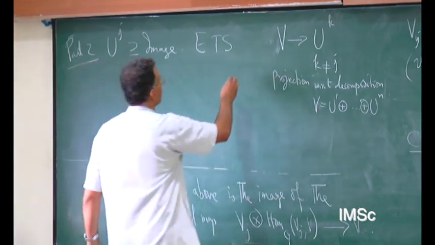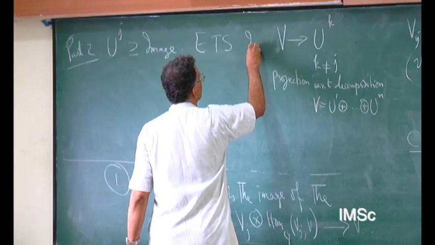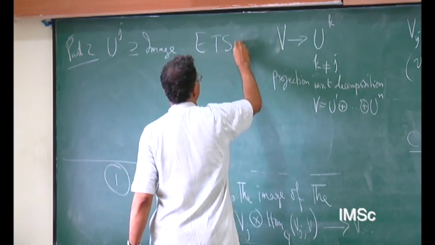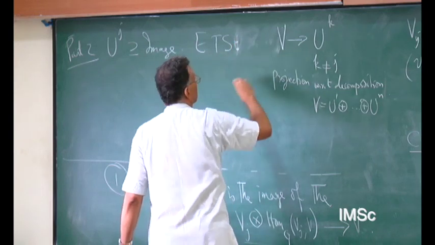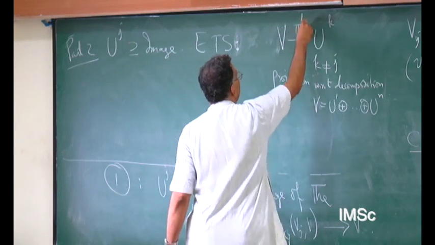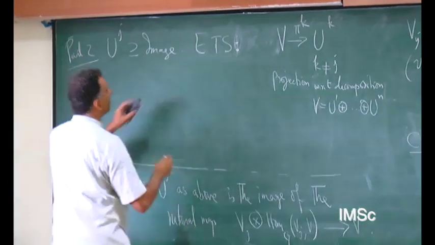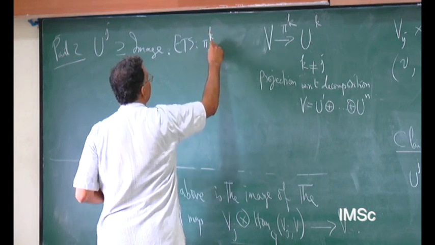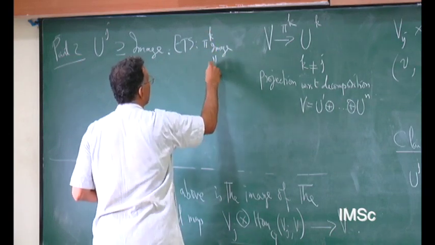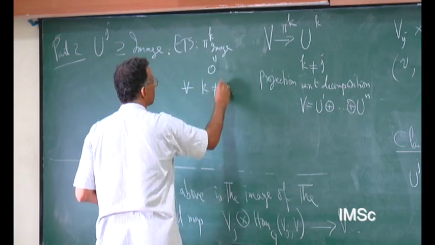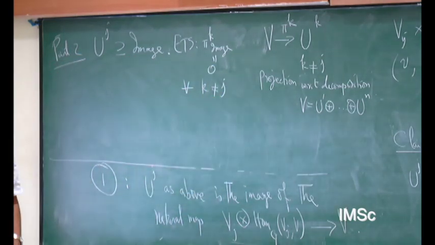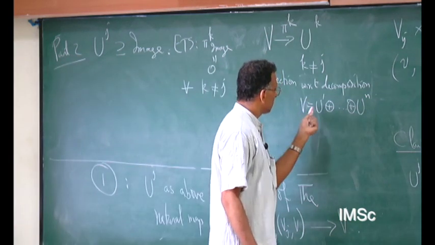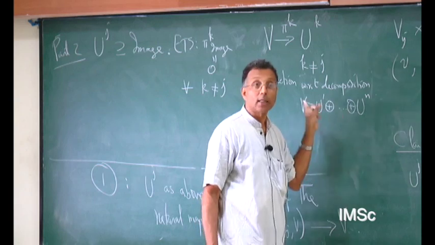Okay. Enough to show the following. Let's call this pi upper K. Enough to show pi upper K of the image is equal to 0 for all K not equal to J. That is, if I take an element, look at the image and look at the component, the other components are all 0.